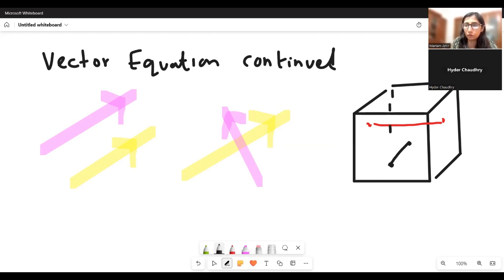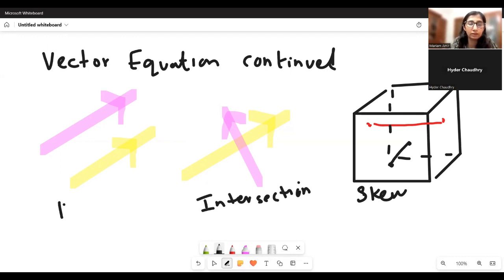So these two ropes are not parallel to each other and they don't intersect either. This is the third case where two vector equations are neither parallel nor intersecting. This is called skew. This is intersection and this is parallel. So again, in the 3-dimensional case, either the vectors are parallel to each other, or intersecting, or skew, neither intersecting nor parallel.